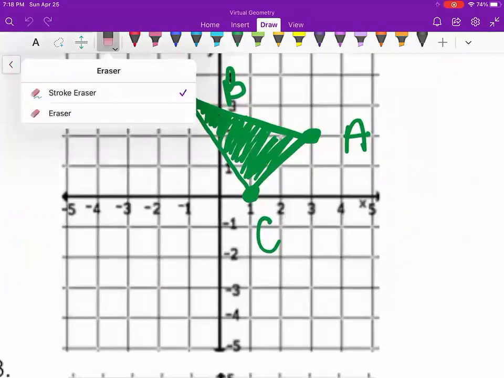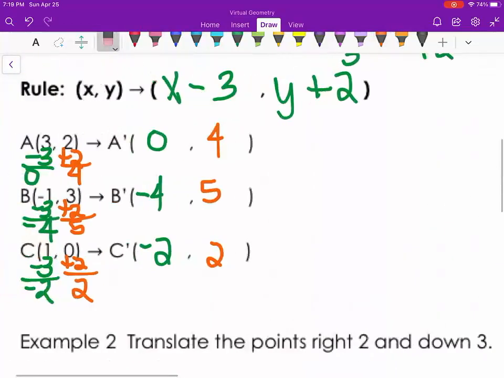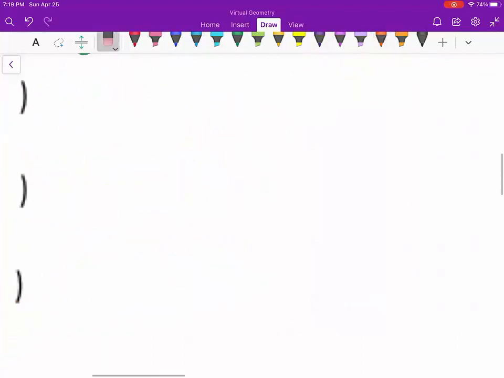I'm going to move the B over just because it's a little in the way here. So 0, 4 is our new A. And remember, it's got to have that apostrophe because it is the new shape. Next, our new B, B prime, -4, 5.